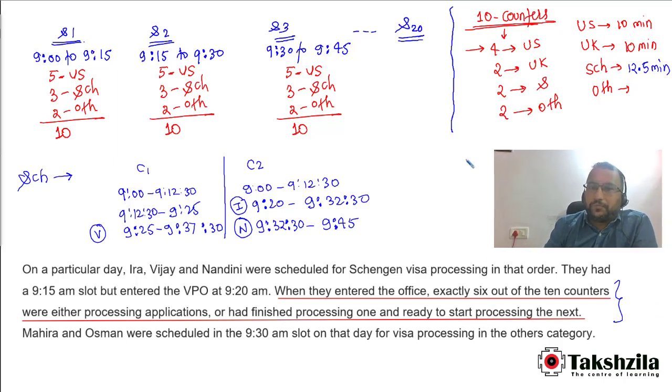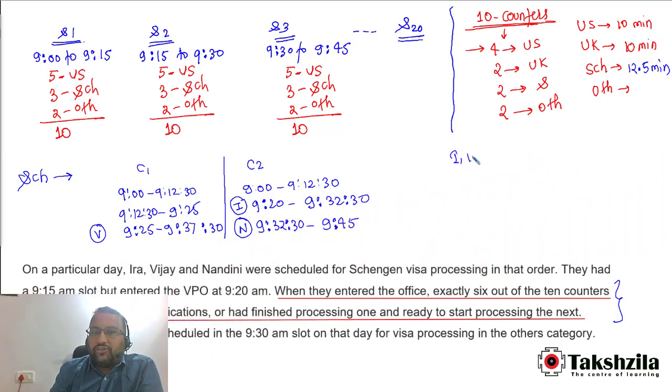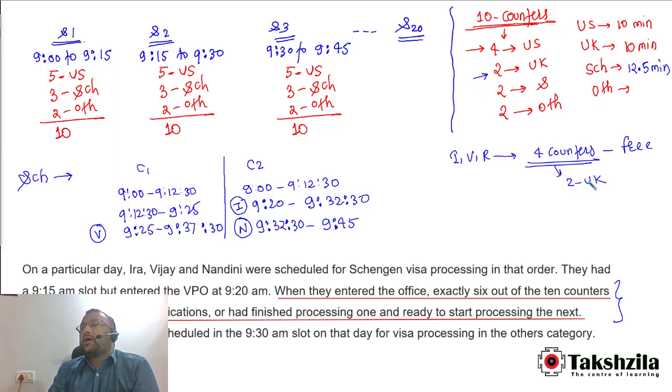So let's have a look at it. When Ira, Vijay, Nandini entered, at that time 4 counters were free. Out of these 4 counters we can see that 2 counters are UK counters, because there are 0 applicants for UK, so both the counters of UK are free. Now out of these 4 counters, is there any Schengen counter free at 9:20?